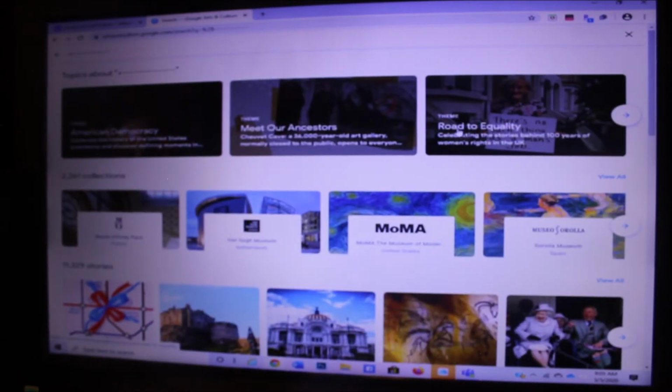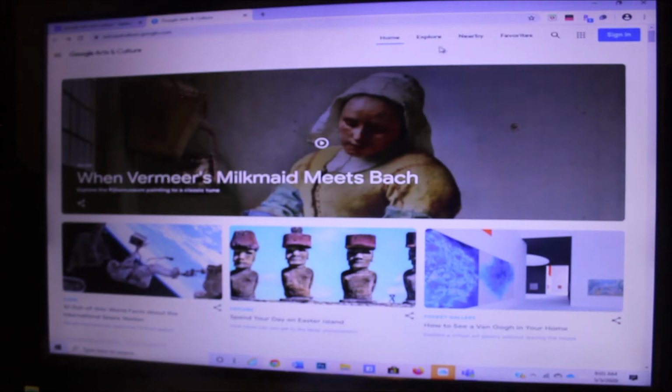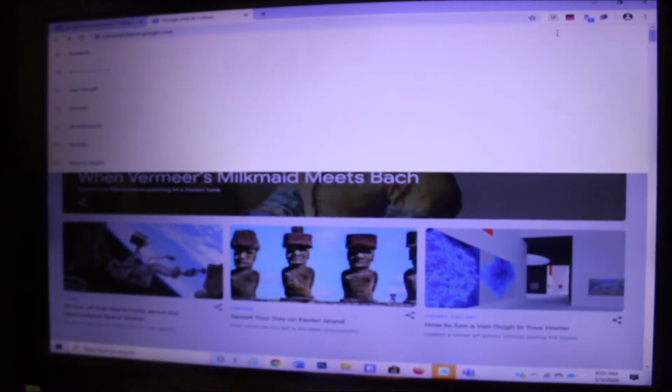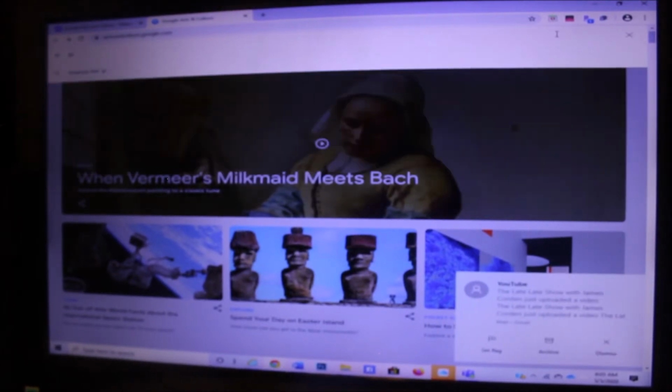So I am interested. Change this a little bit. There we go, that's what I'm looking for. I don't know where that went though. So I'm going to put here and type Paul Klee.